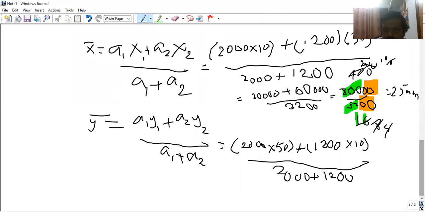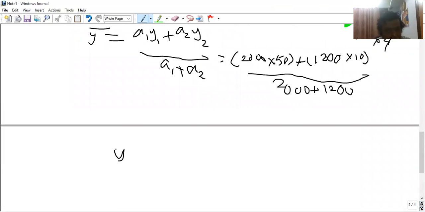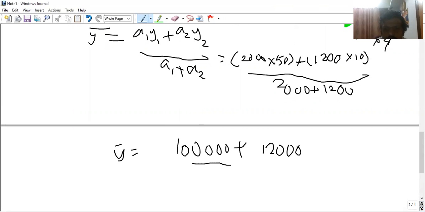So how much is that, students? So y bar will be 2 5s are 10, plus 12,000 upon 2000 plus 1200.